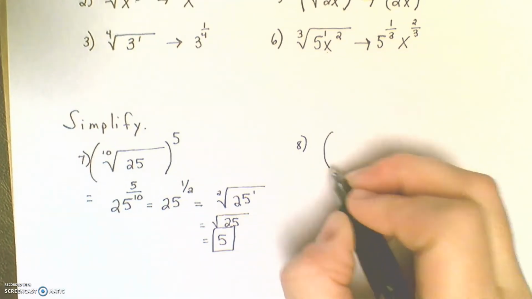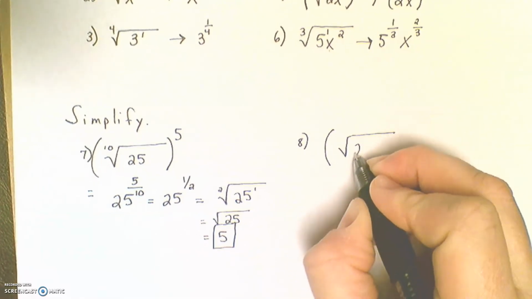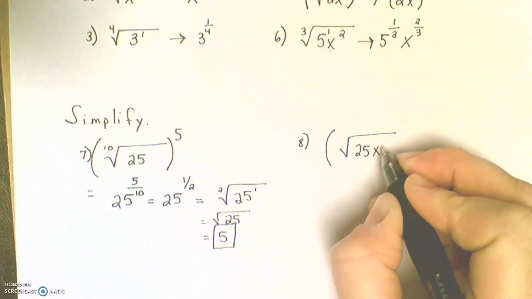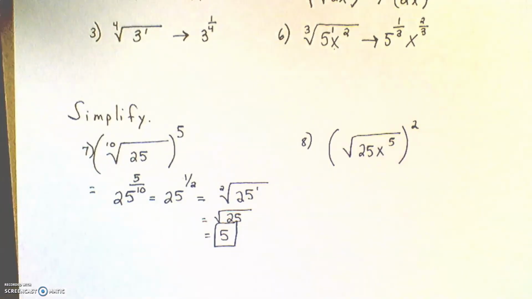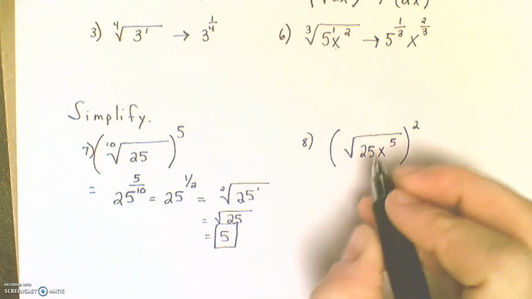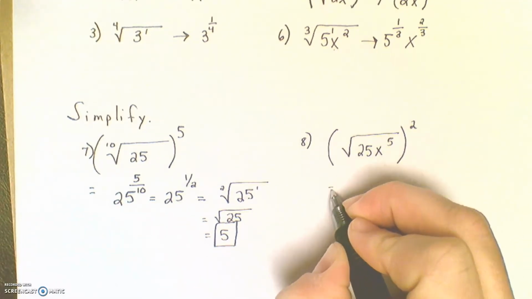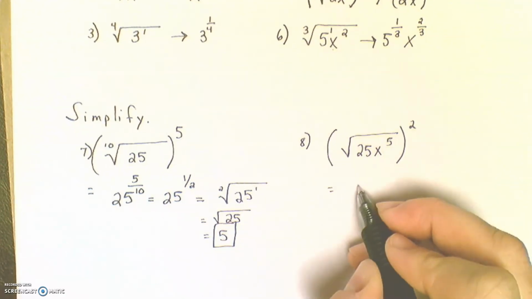In parentheses, suppose we have the square root, 25, x to the 5th, this is squared. First thing on this one I'm going to do is to break this radicand up a little bit. I know that the square root of 25 is 5.